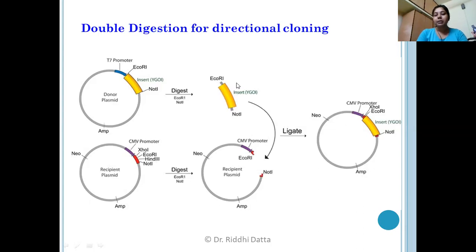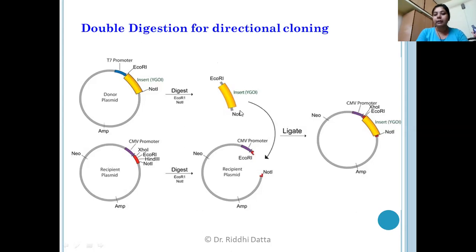But because we have used two different restriction enzymes, the single-stranded overhang here is not similar to that of here. So the digested plasmid or digested vector will not self-ligate. These two ends cannot base pair. Similarly, this EcoR1 end will produce an overhang that can base pair only with this EcoR1 overhang.